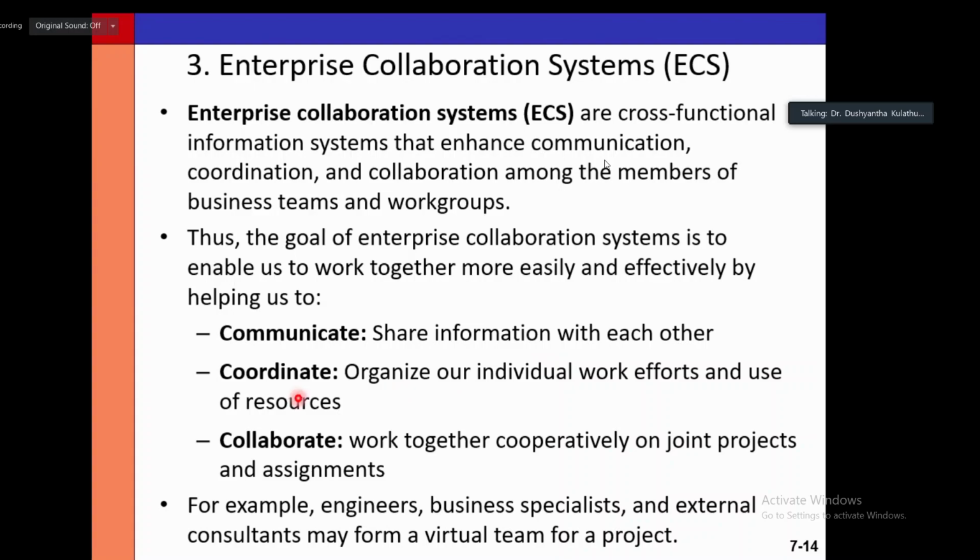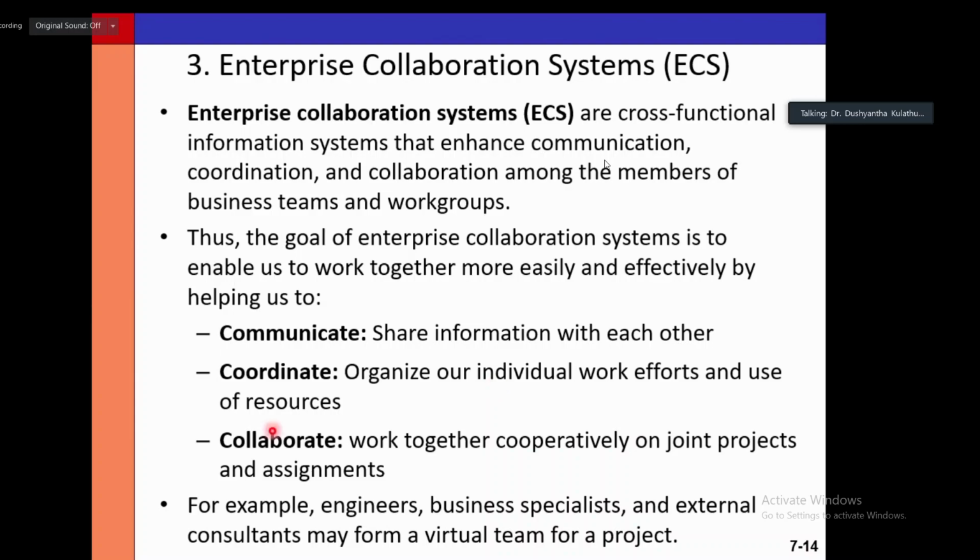So coordination is basically arranging the individual activities and allocating necessary resources to the relevant personnel and so on. Therefore, these enterprise collaboration systems will facilitate the coordination of activities done by individual members in a work group.